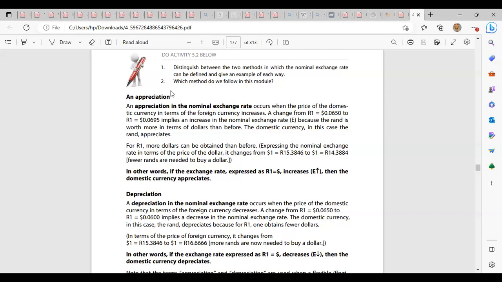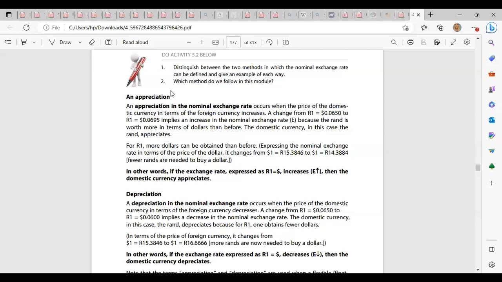So an appreciation of the nominal exchange rate occurs when the price of the domestic currency in terms of foreign currency increases. If we look at our case in South Africa, now we are on 18.50, which means $1 is 18 Rand 50.